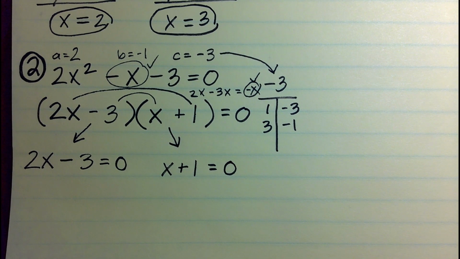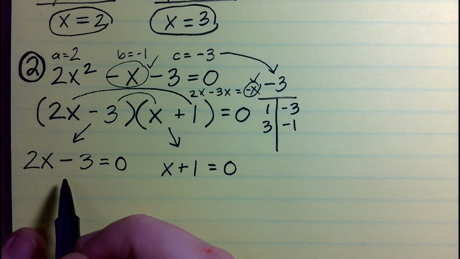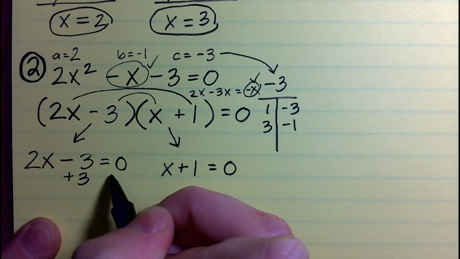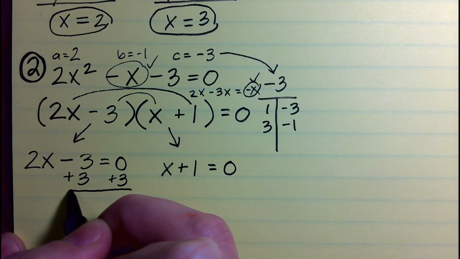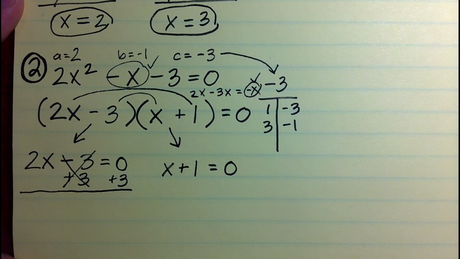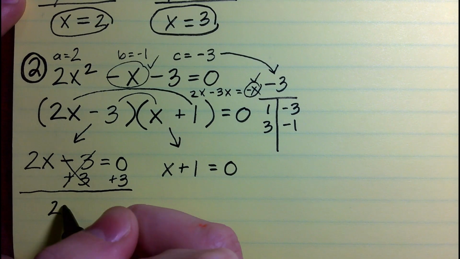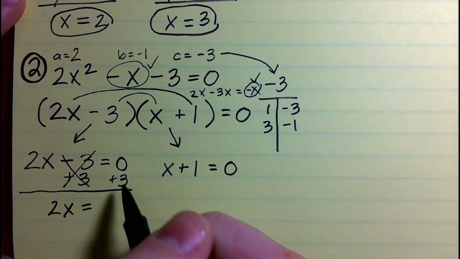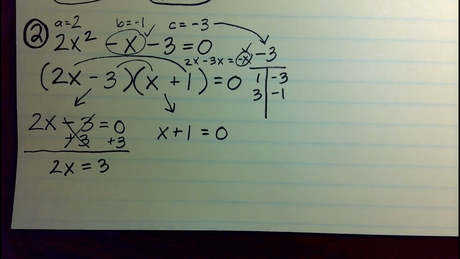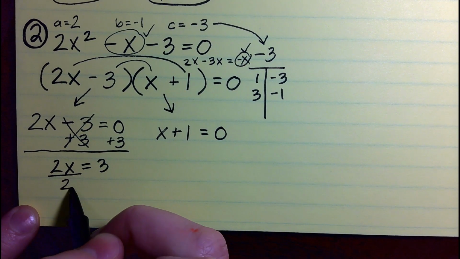Get rid of the 3 by adding. Yes, we want to get rid of addition and subtraction first. So since I've got -3, we're going to add 3 to both sides. My 3's will cancel. And that leaves me with 2x equals 3. So to get rid of the 2, we divide.